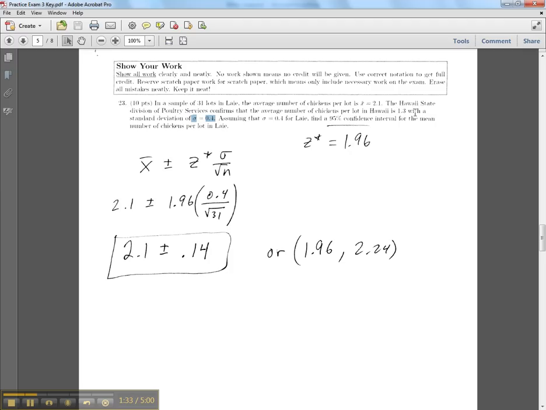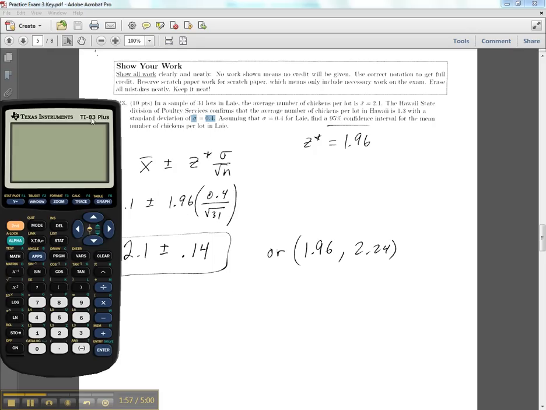This is mu, because mu is 1.3 and sigma is 0.4, so that's not x bar. So x bar is actually 2.1, and then z star, so it's at 95%. Z star at 95% is 1.96, and then sigma is 0.4, and then n is 31 lots in Lot EA, so square root of 31. So plugging all that information in, you can work it out.